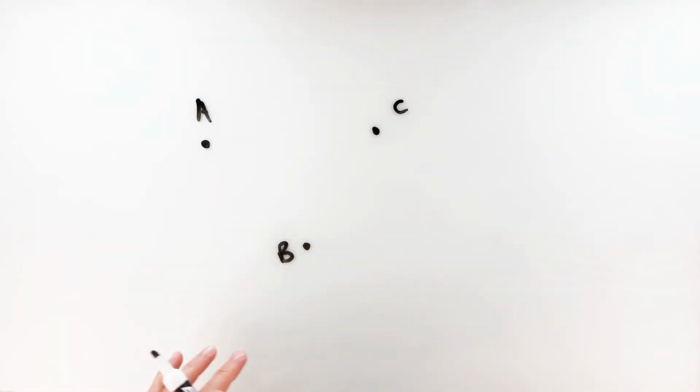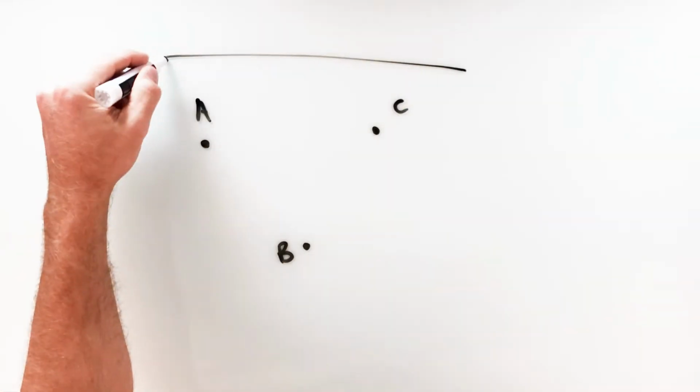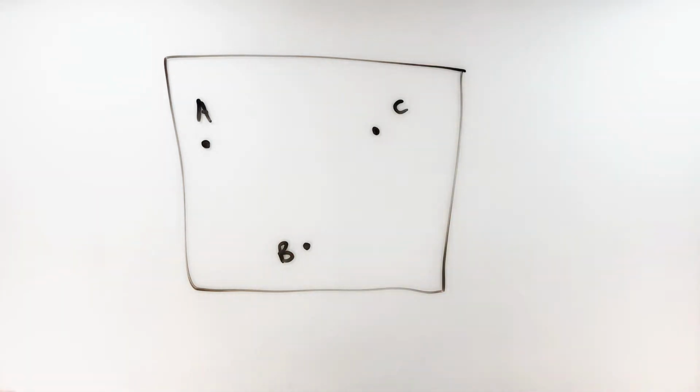Through any 3 non-collinear points, there is exactly 1 plane that contains all 3 of those points. Okay, so those 4 postulates are all accepted as true, and those are going to build the rest of the core of geometry. Any statements that we say, we can assume that these things are going to hold true.